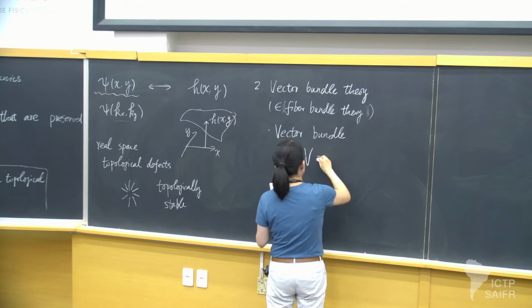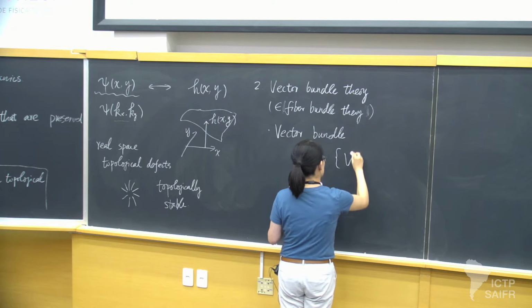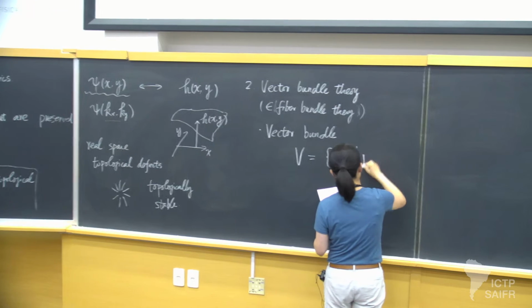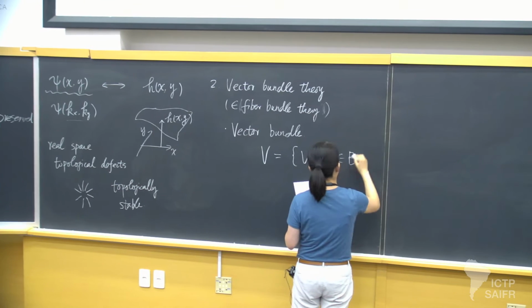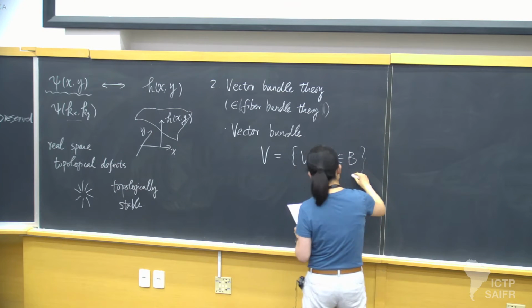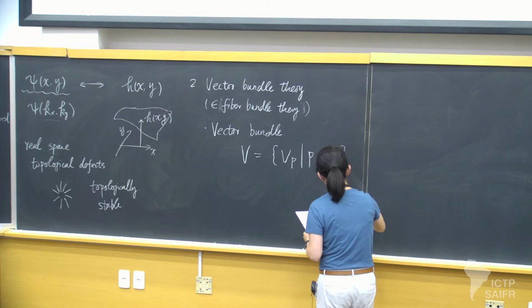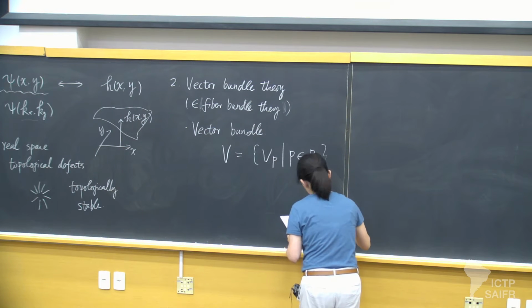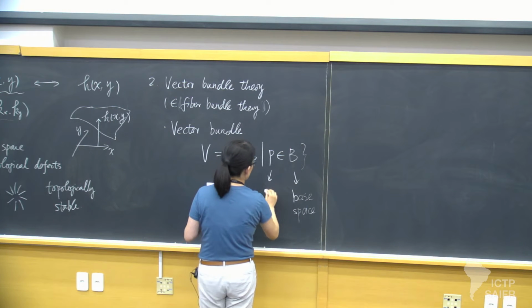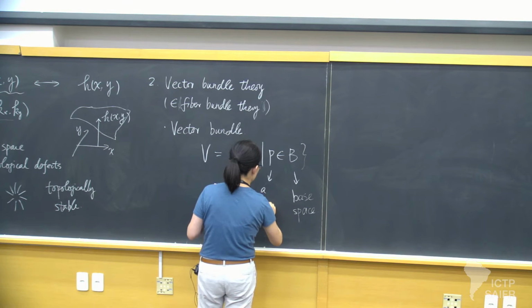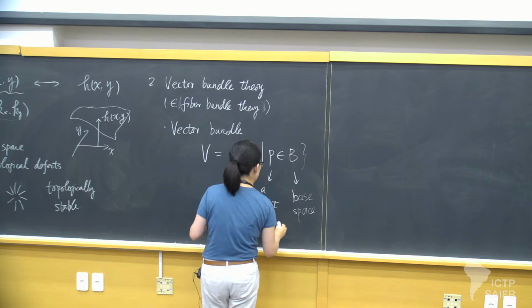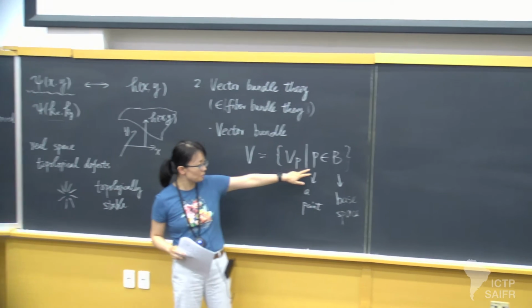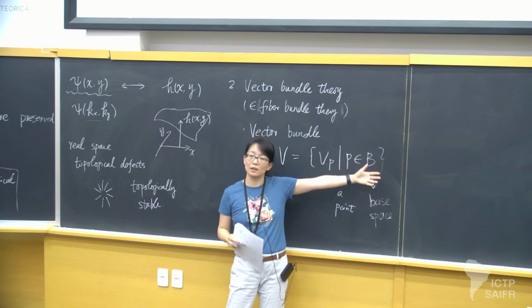You can define it in terms of something like this. Here, this B is called a base space. And P is a point in the base space. So this is a point P in the base space B, okay?